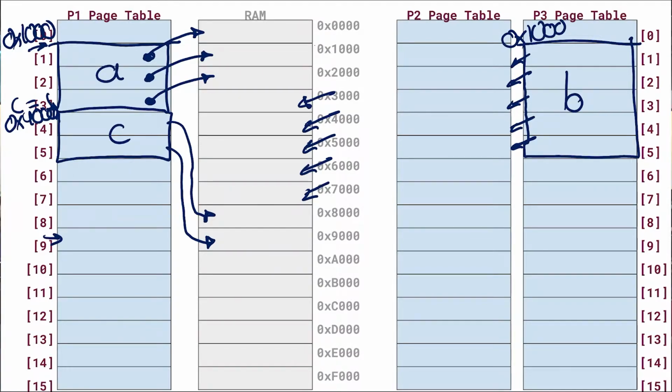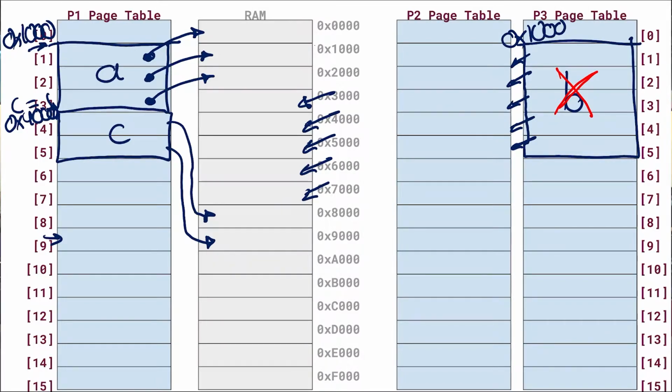But now when process 3 exits, what happens to everything allocated in process 3's page table? Do we ever need it again once the process exits? No. So we never need process 3's memory again. As soon as a process exits, no matter if you freed the memory or not, all of your memory simply gets cleaned up by the operating system.